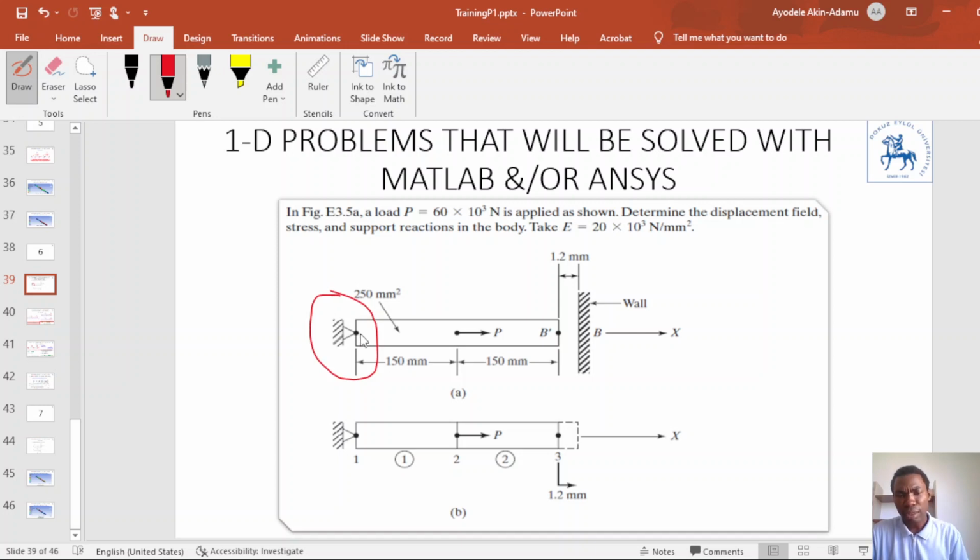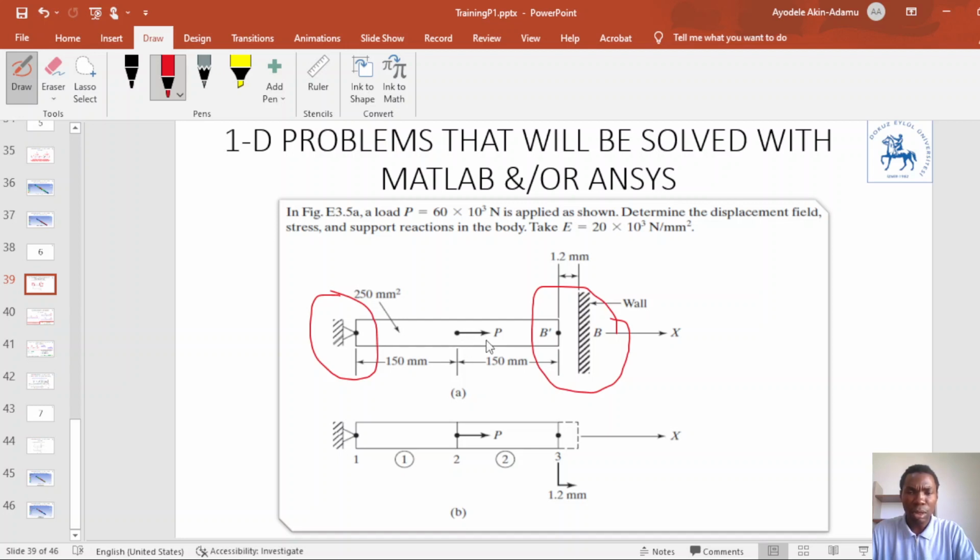Here we don't have any structural gap problem. But at the other end, we also have a pin type of support, but we have a structural gap of 1.2 mm between the structural body and the support. In the structural body, we have a point load, which is placed at the center of the body.